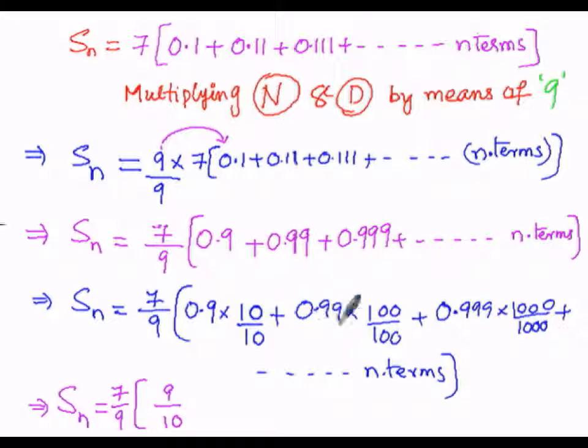When 0.99 is multiplied with 100, the decimal will go off, and only 99 will be left over in the numerator, plus 99 and the denominator will be 100, plus. Similarly here, when we multiply 0.999 with 1000, we get 999 without the decimal, divided by 1000 in the denominator, plus dash dash up to n terms, bracket close.